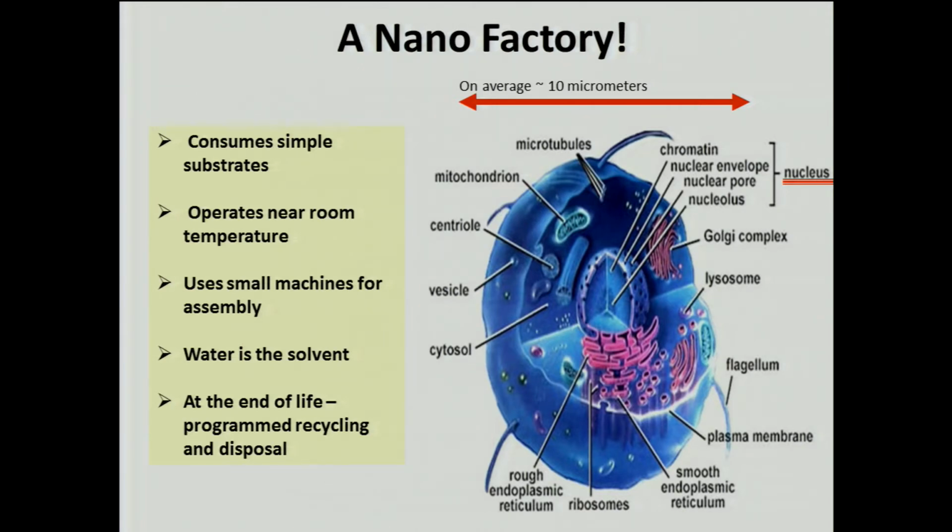Where does nanotechnology lead to? The purpose is to make what we call a nano factory. We already have a nano factory, and that is a cell. Again, we do not have control of it. So, the purpose is trying to make our devices do what the cell does.